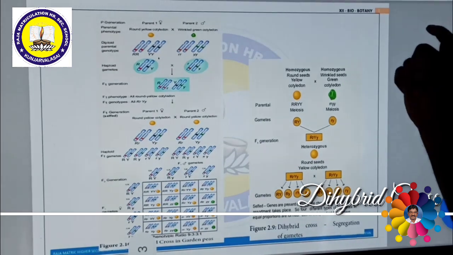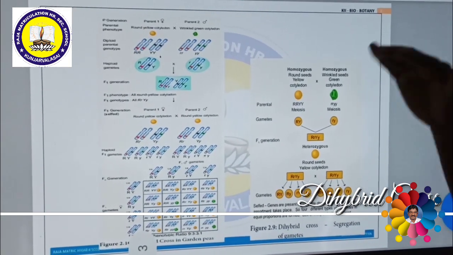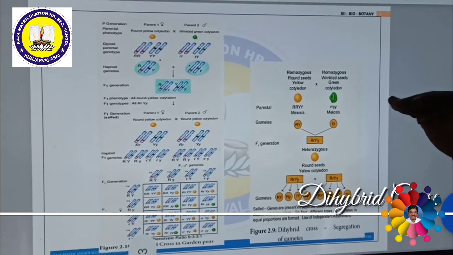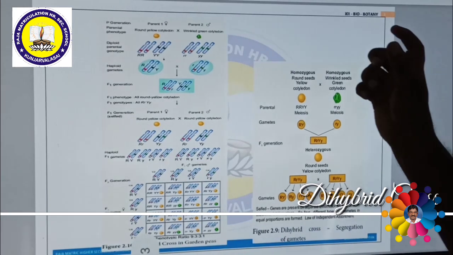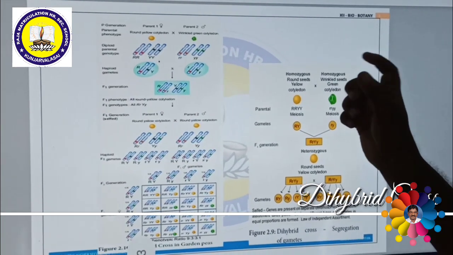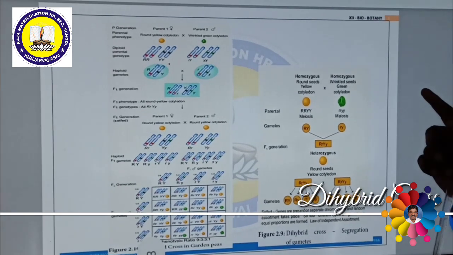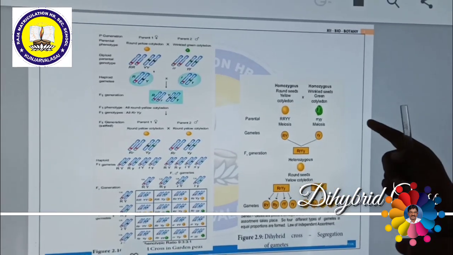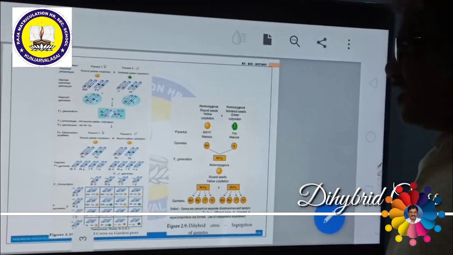So in a monohybrid cross, a single trait, that means the height of the pea plant. One is tall, another one is short. This is a contrasting character of a single trait. These two contrasting characters are crossed together to form the F1 generation and F2 generation.